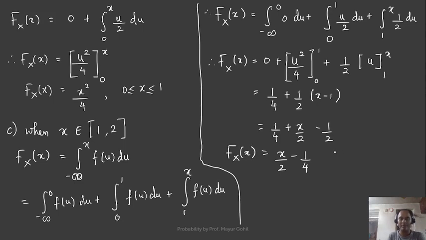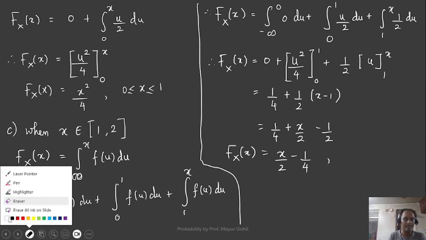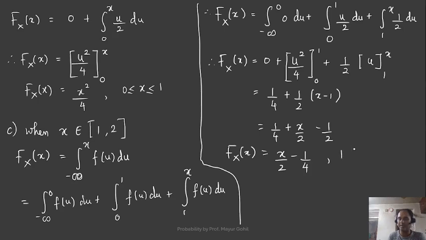Okay, so this is my CDF for the interval when x is between 1 and 2. This is what happens.